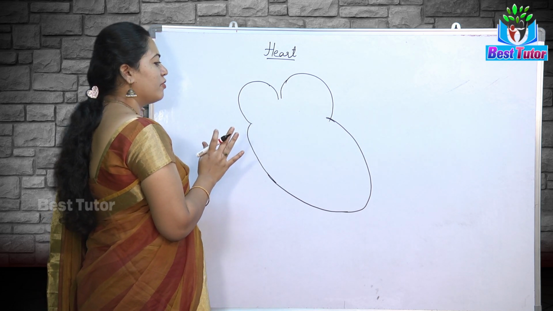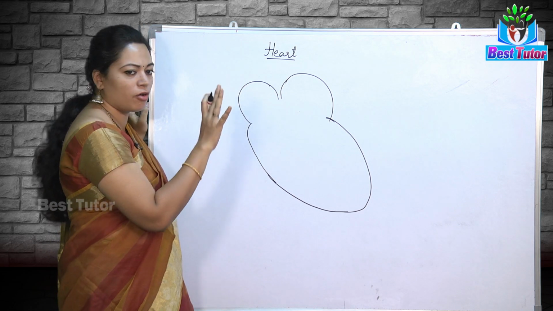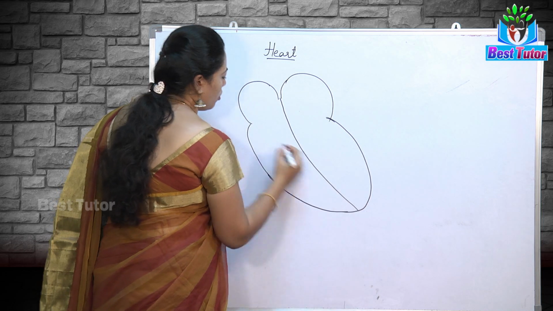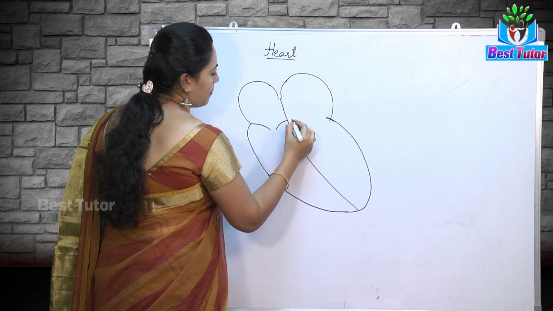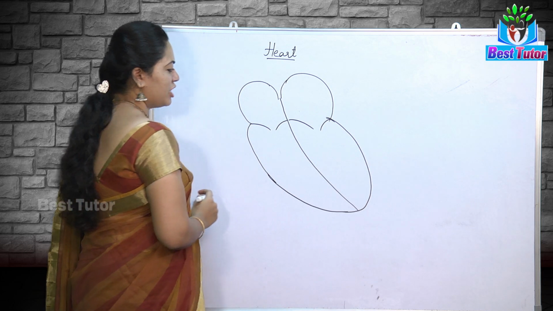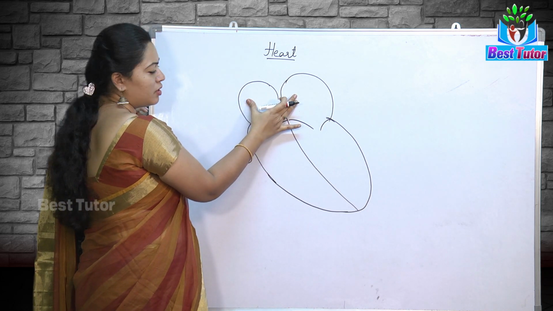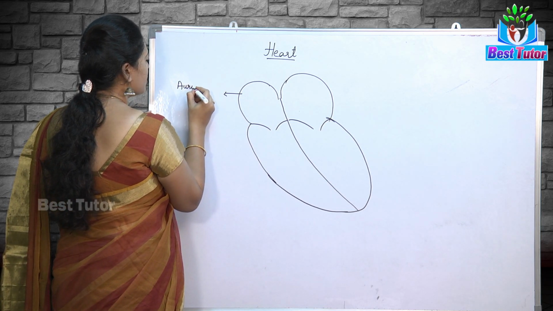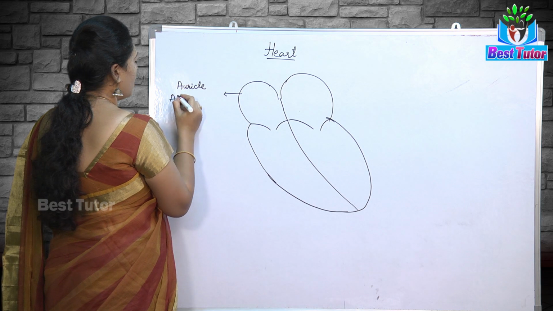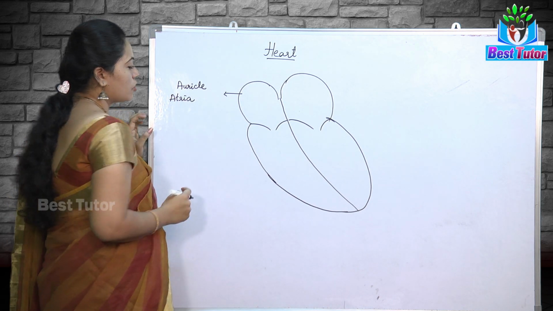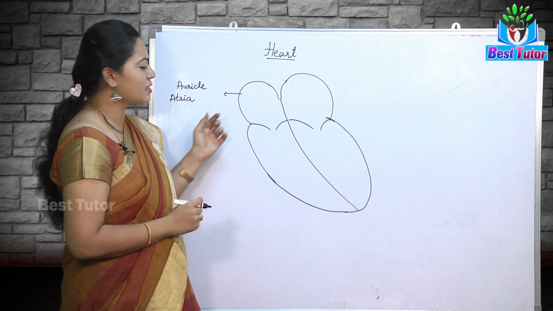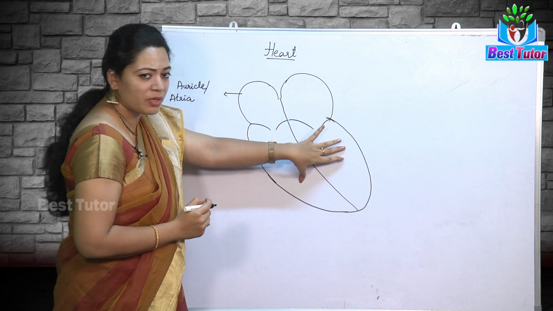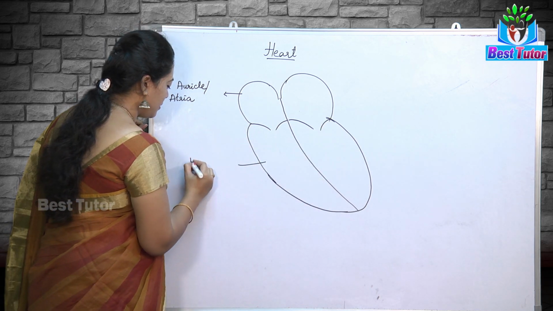It is a 4-chambered heart, which means it looks like 4 compartments or 4 rooms. So the heart is divided into 4 chambers. Now the upper 2 chambers are known as auricles or atria. So the upper chambers of the heart are known as atria or auricles. Now the lower chambers are known as ventricles.